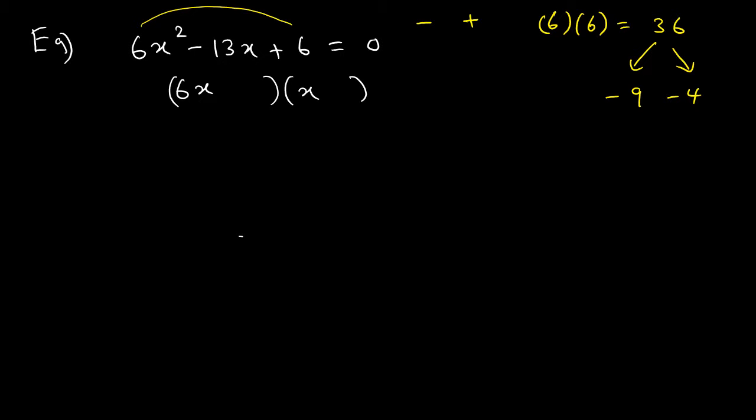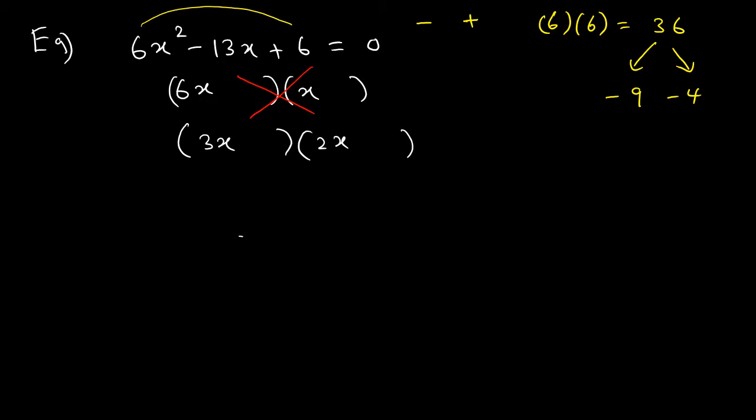You can see that 6 doesn't divide those two numbers. That means there cannot be a factoring like this, so we don't want to worry about it. The only possible factoring would be factors of 6x squared. So we only need to think of 3x and 2x.